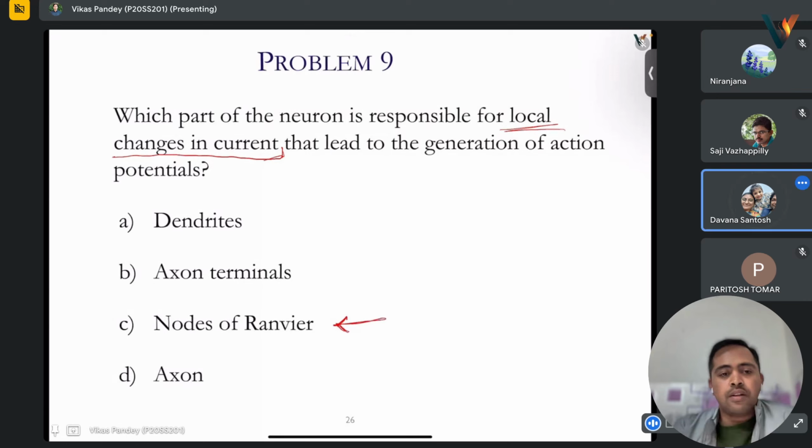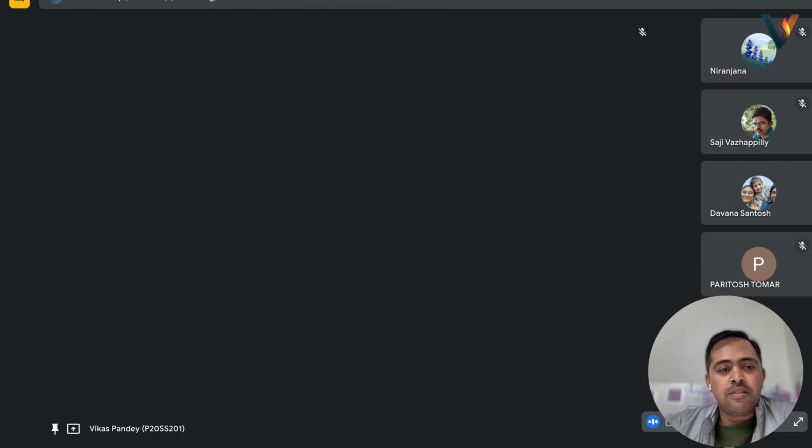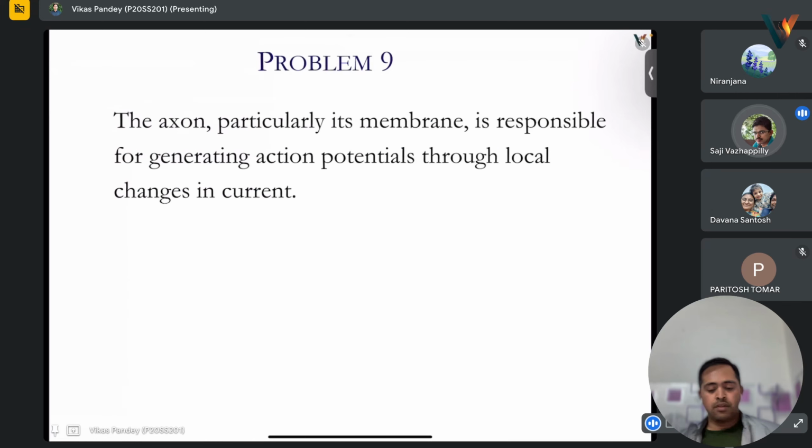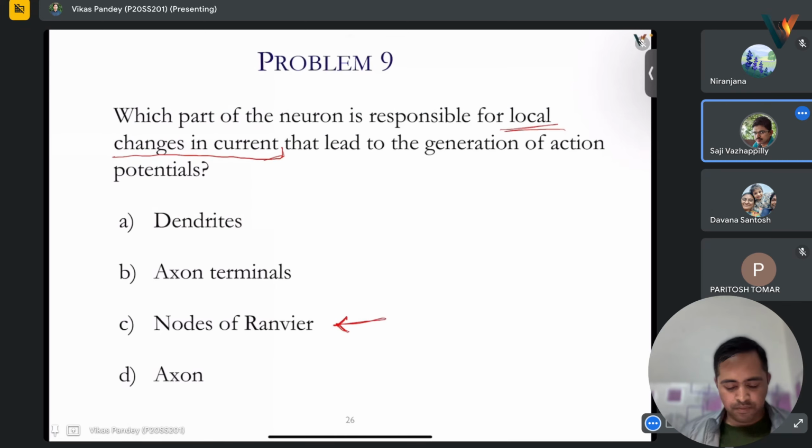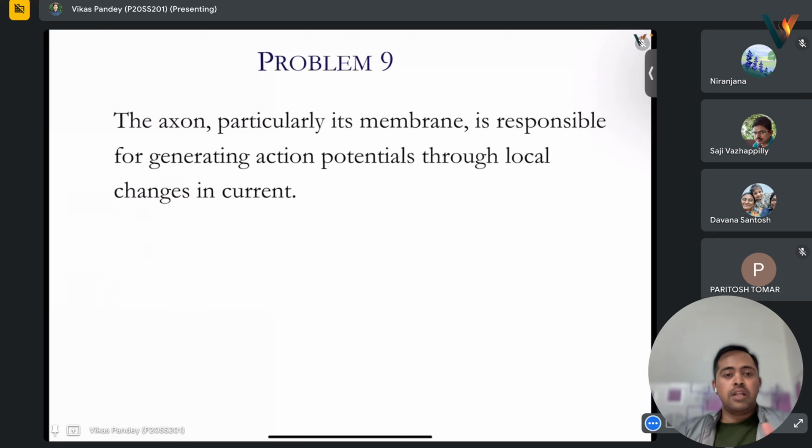Any other answers? I think it is the same. It is starting from the nodes of Ranvier, the axon terminal. Both are the same.